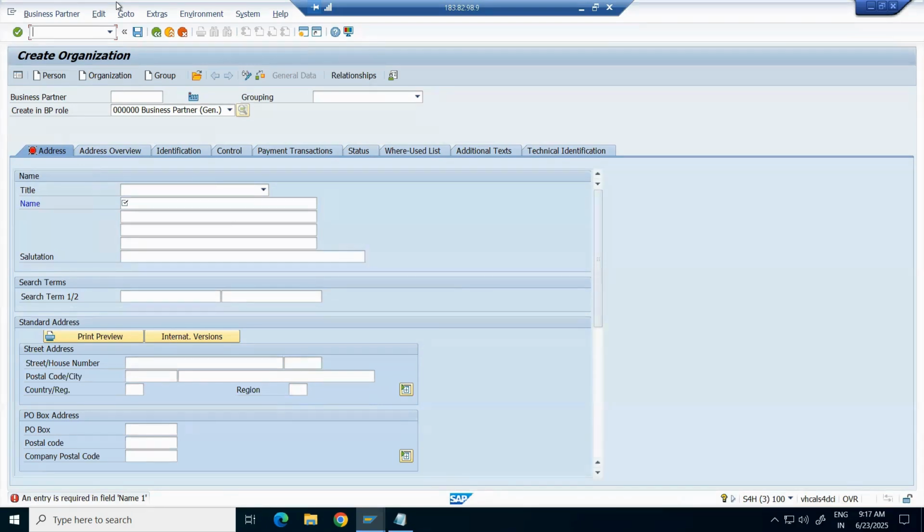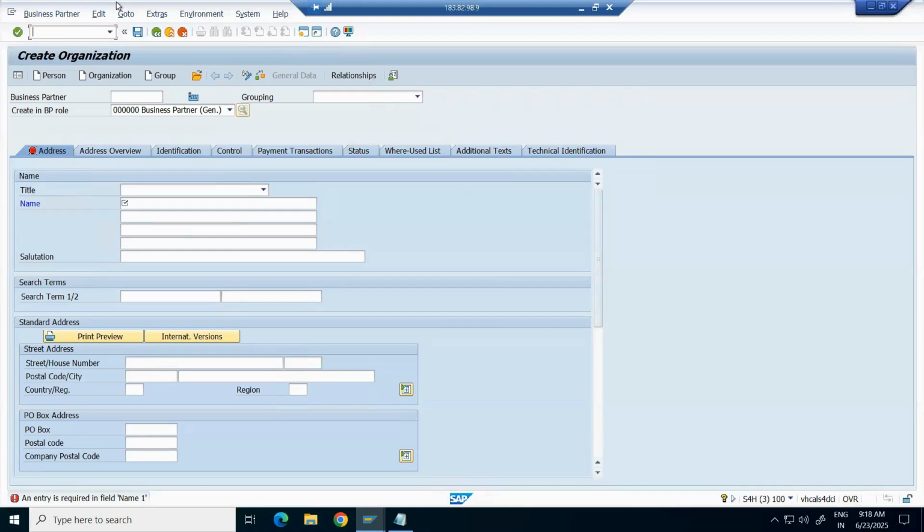Everyone, please write down this thing. What is account group? The purpose of account group is that it controls the fields in the customer master. As we are SD consultants, we will focus on this customer master only.